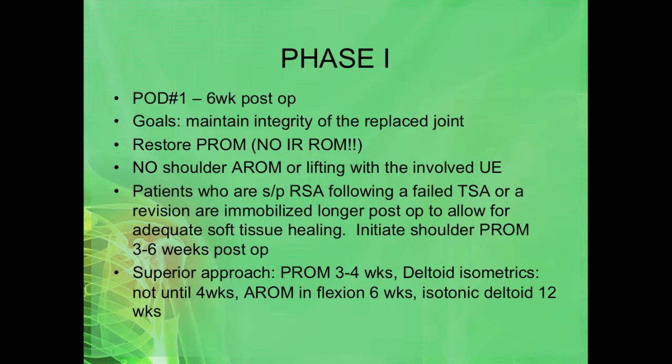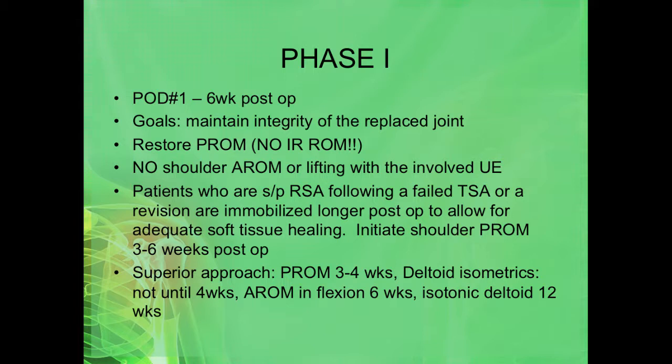So if somebody just had a primary, when I say primary, I mean the first surgical procedure on their shoulder, their first arthroplasty, if they had a reverse total shoulder, we can start with passive range of motion right away, of course avoiding internal rotation passive range of motion. But if they've had a revision surgery because their total shoulder failed, we're not going to do passive range of motion for 3 to 6 weeks.